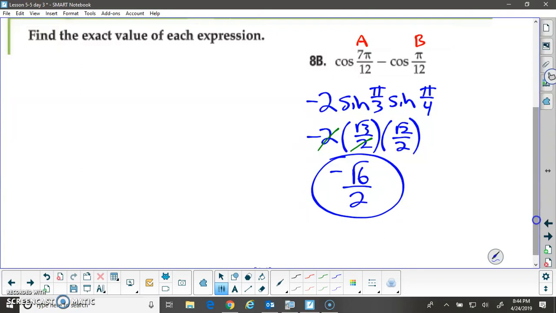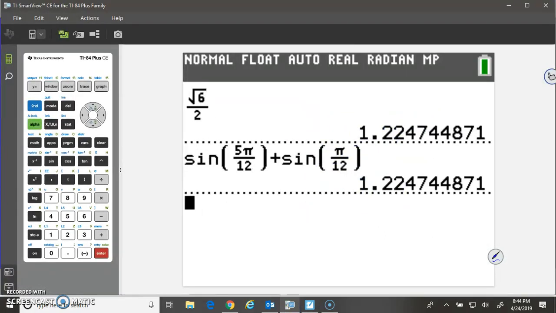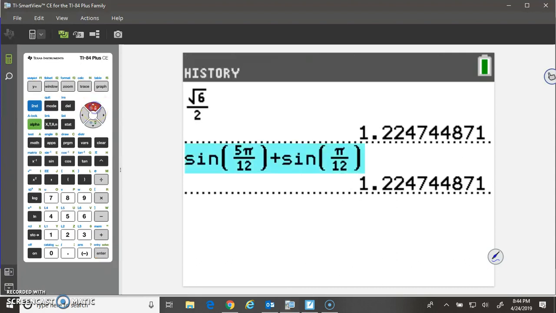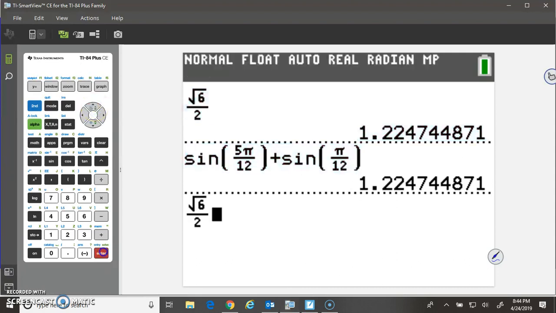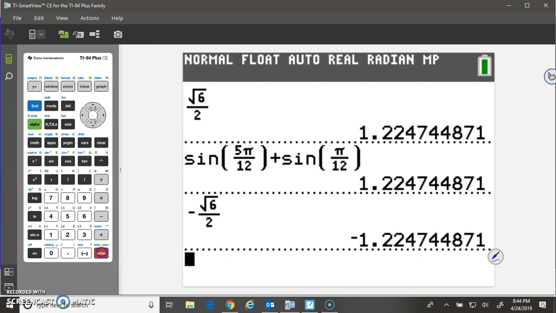Now let's confirm our answer by typing in, actually it's the same thing as this, I believe, with a negative sign in front. So let me put that negative sign in front.